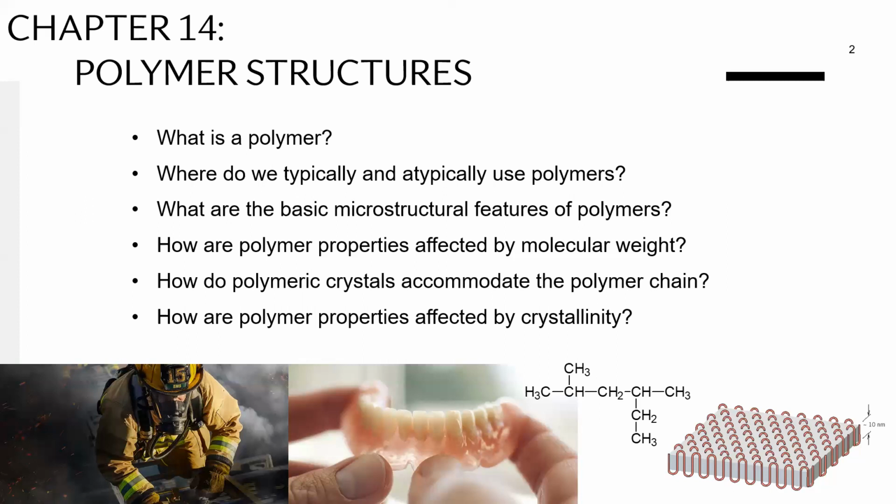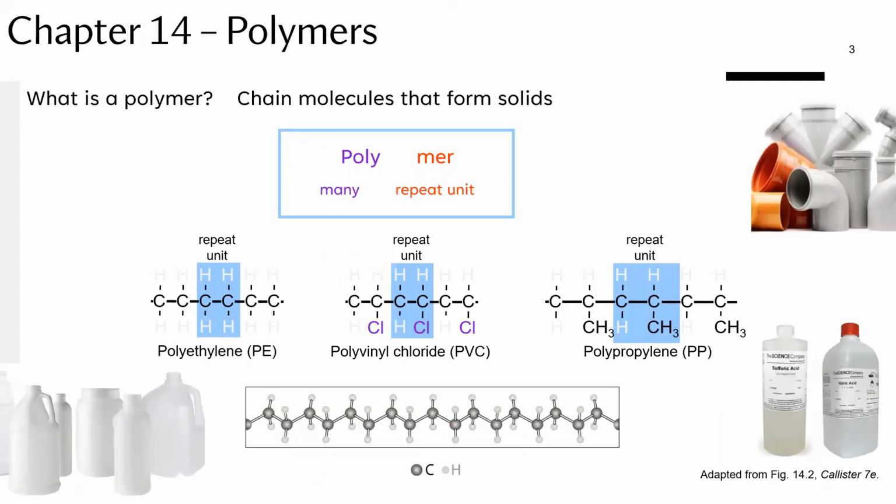So we're going to look at some very exciting pieces of application and use for this class of material in the next couple of slides. But first, just to get deep into the core without spending too much time on the introduction, a polymer is basically a long chain molecule.